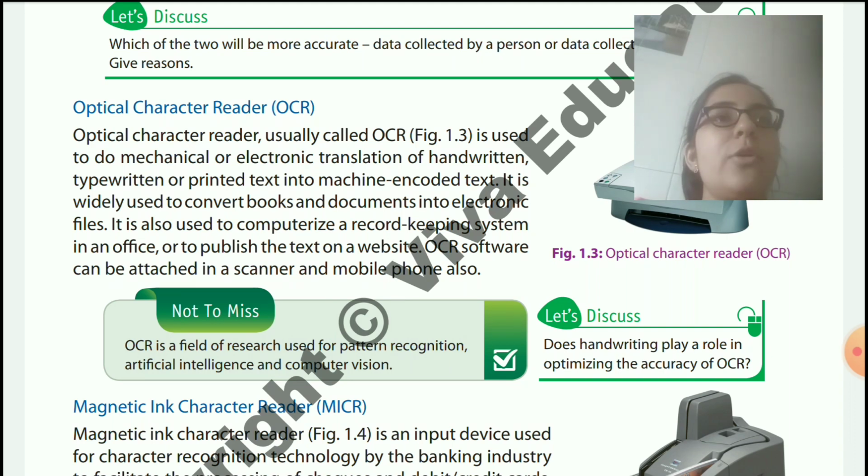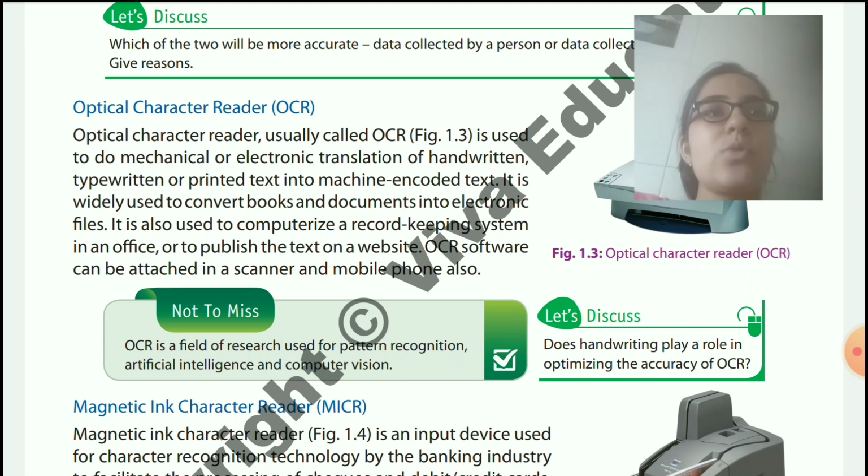It means what you have written, typed or printed is converted into machine encoded text, so that the machine can learn your language. A computer does not understand human language; it has its own language. So OCR will help to convert human language to a machine language.